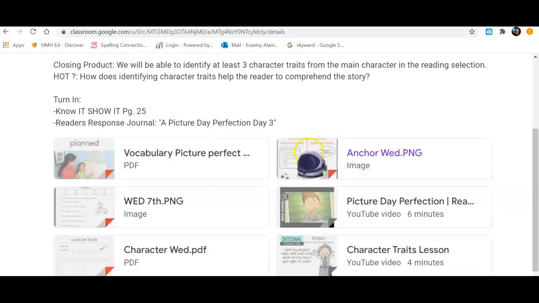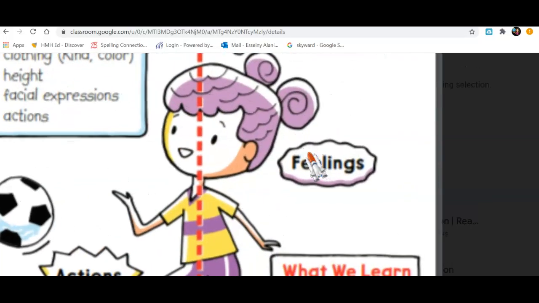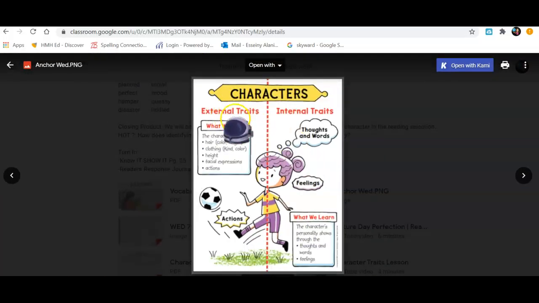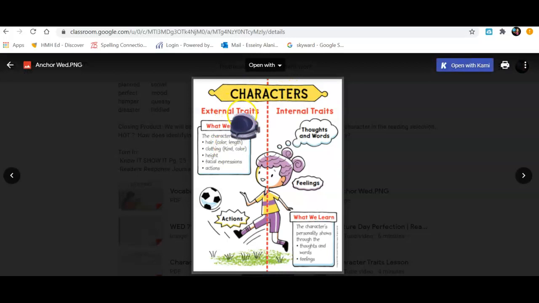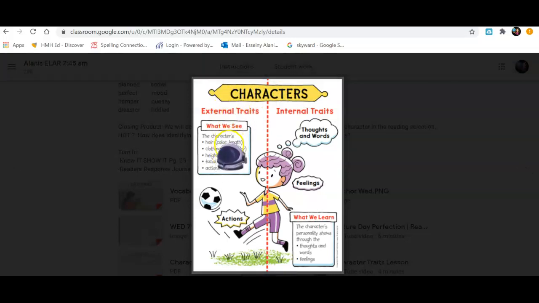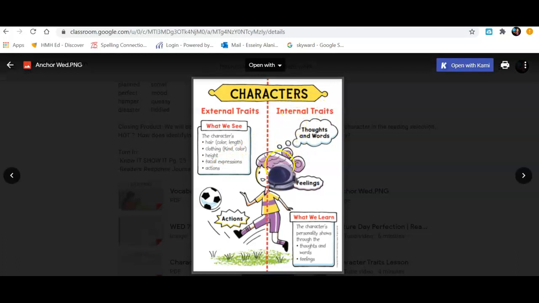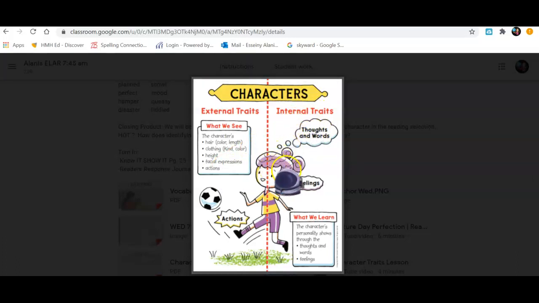Now let's look at our anchor chart. External traits are the traits that we see on the outside. These are character traits that are external, like hair, clothing, height, facial expressions, and actions. The internal character traits are what the character is thinking and feeling, and if they're talking to themselves in their minds.